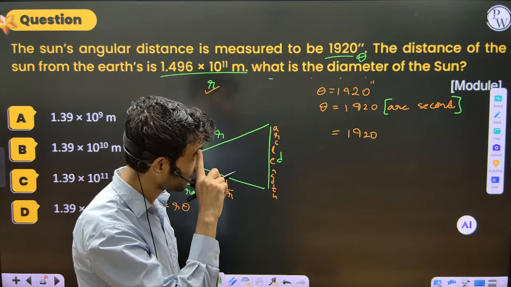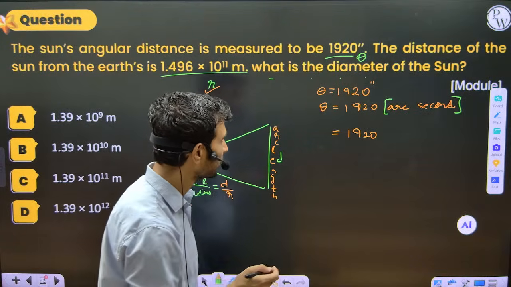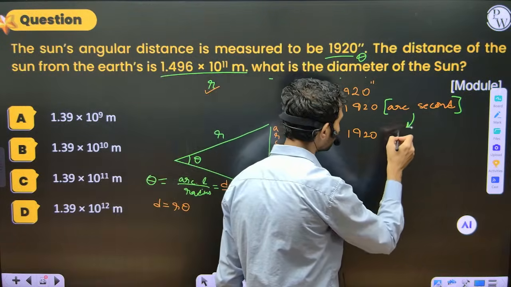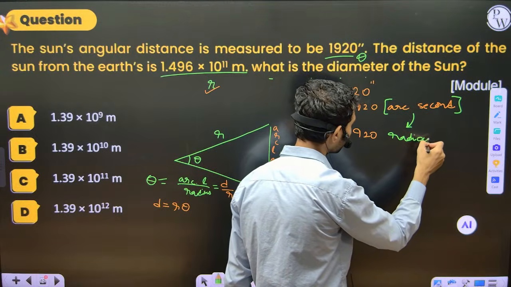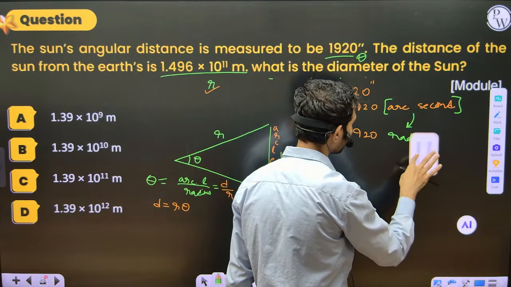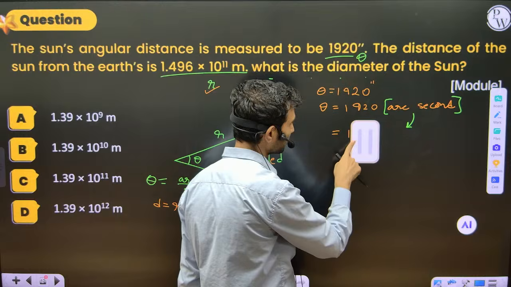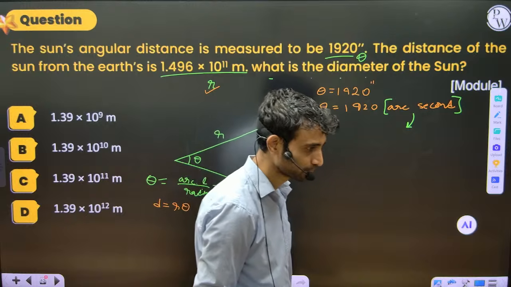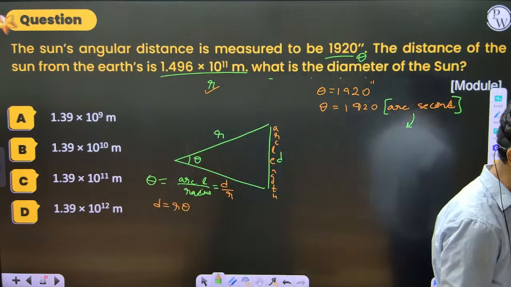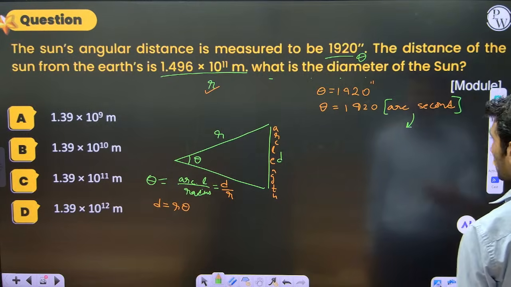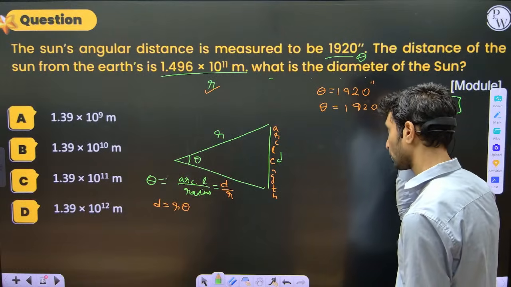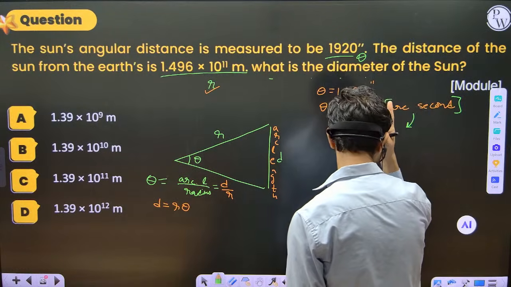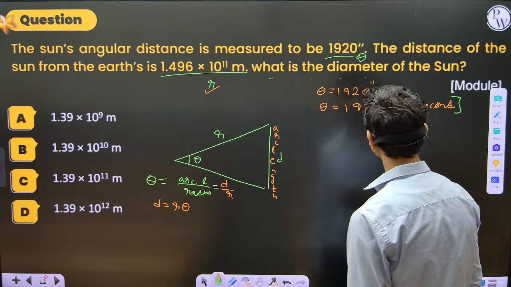So 1 arc second is how much? You have to convert it into radians, and then you'll get the answer. And you have to proceed the same way like we did the last problem, right? So try doing this yourself. Since you've already done a similar problem, try converting 1 arc second into radians.